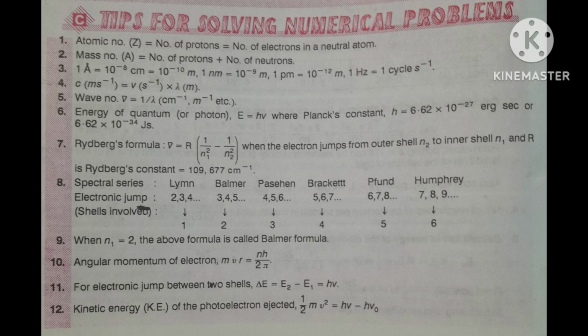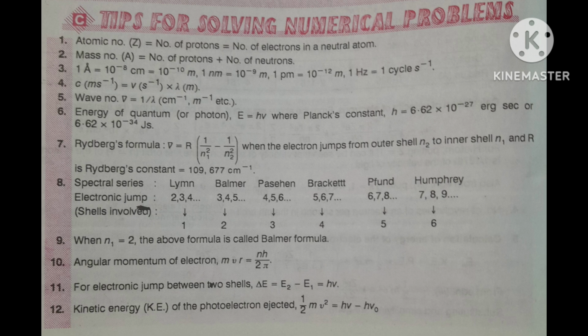And for the Balmer series, the electron jumps from orbit number 3, 4, 5, 6, etc. to the second orbit.